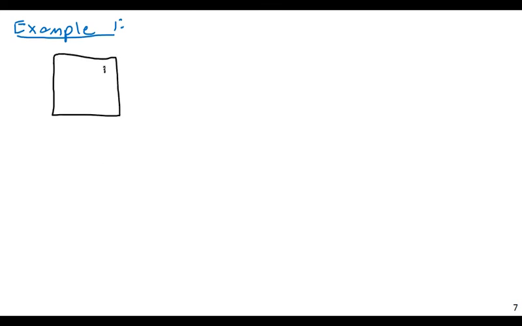This is going to be plate 1, and then I'm going to have plate 2. One is a square, and the other one is a long rectangle. And so this is going to be plate 2.